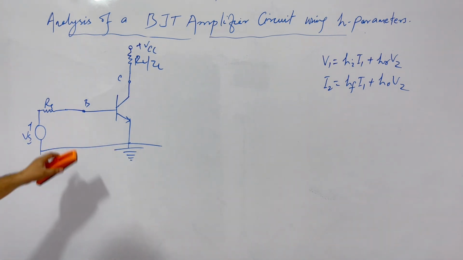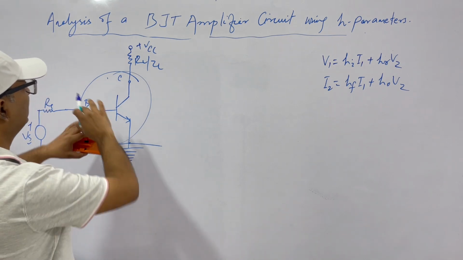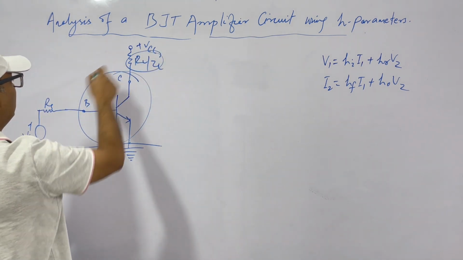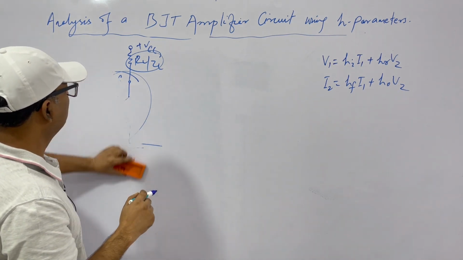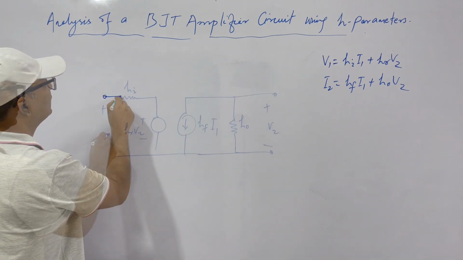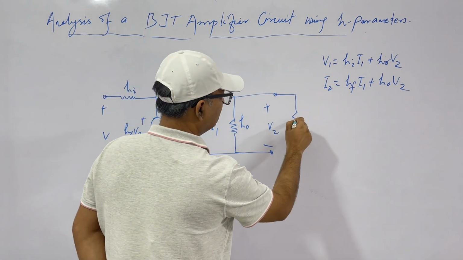Clear? So this is the part that we actually, now I am using the model to represent this and this. Okay, you understand this is transistor. Now let me draw the hybrid model. What is hybrid model? So load is like this.